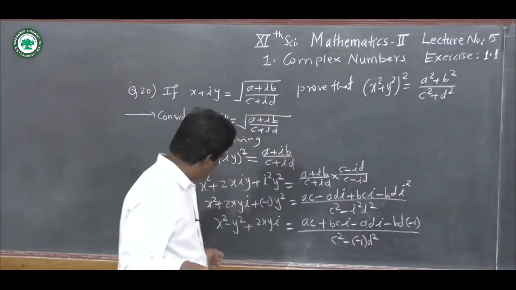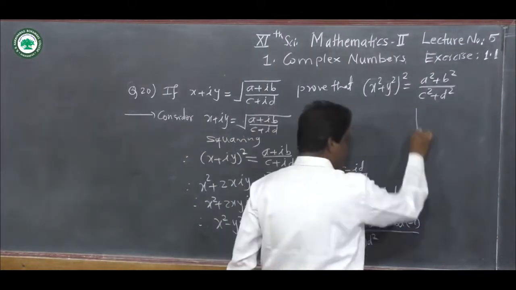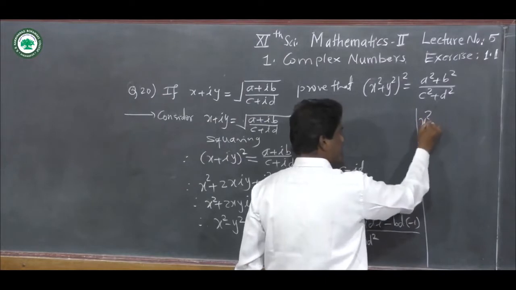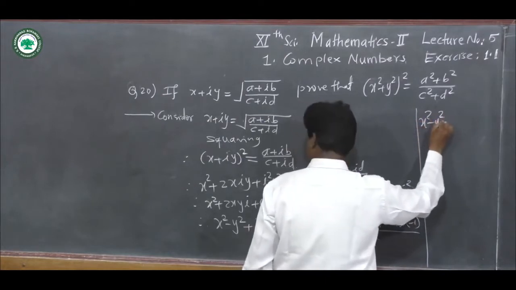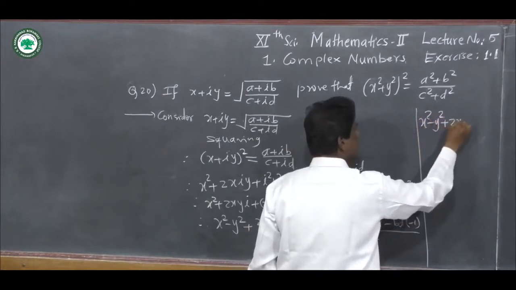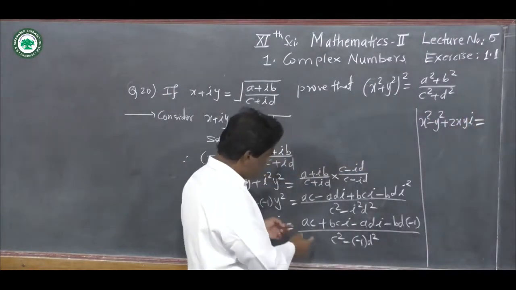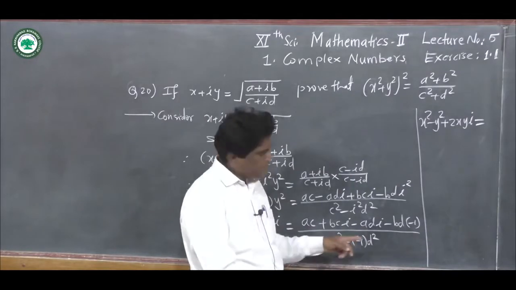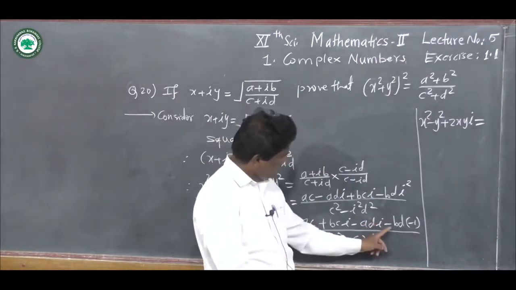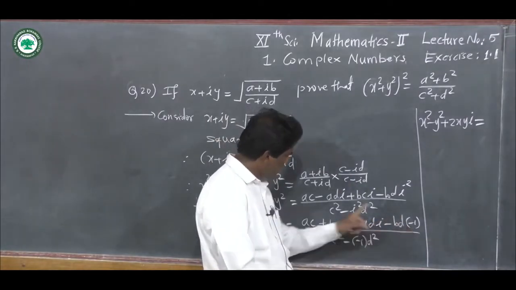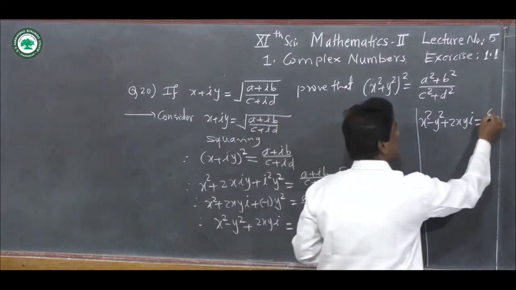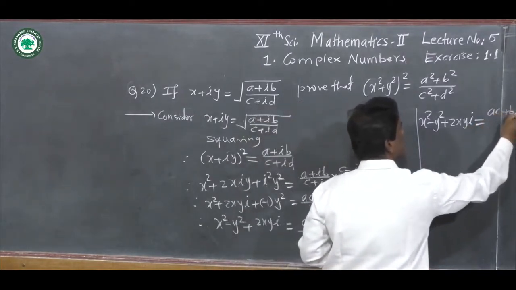So we get here x² − y² + 2xyi is equal to, on the right hand side, this ac and this minus minus plus, so ac plus bd.